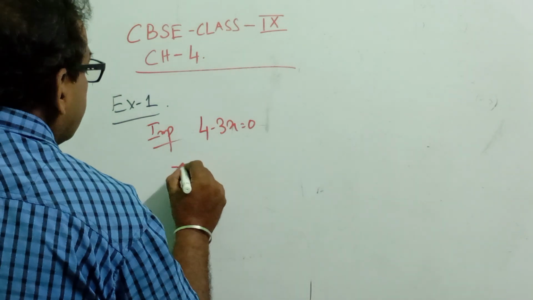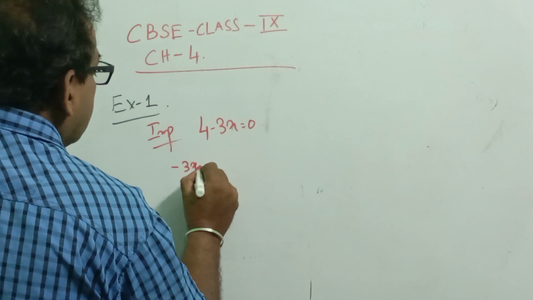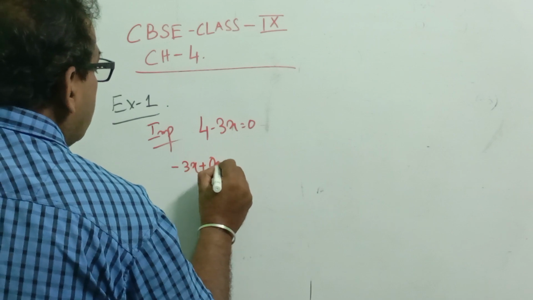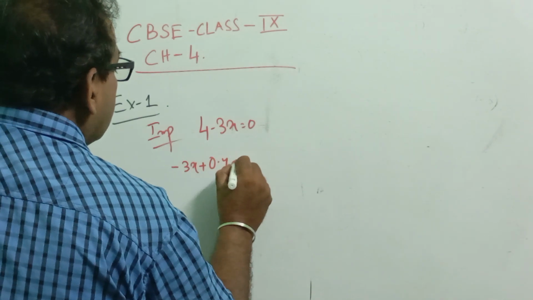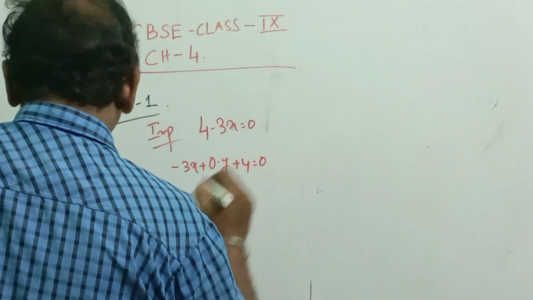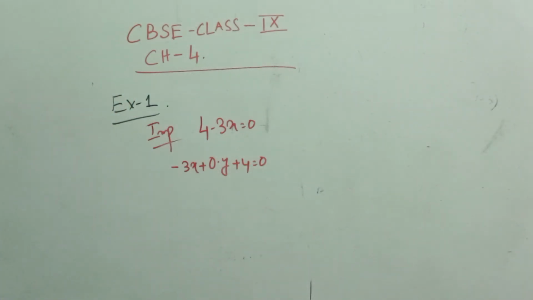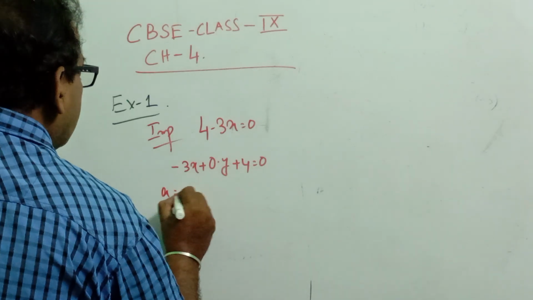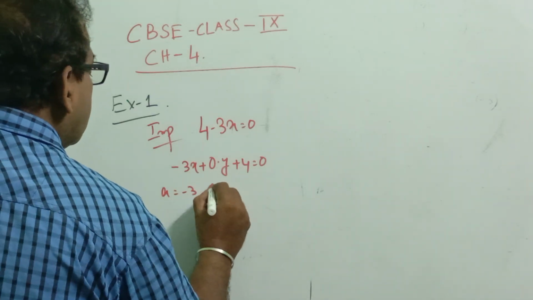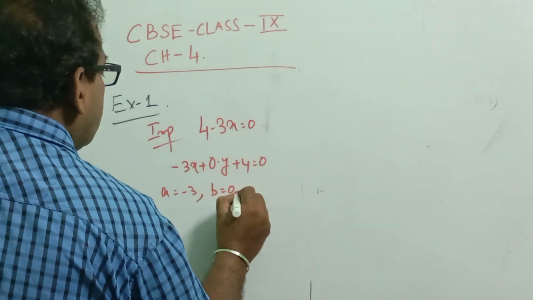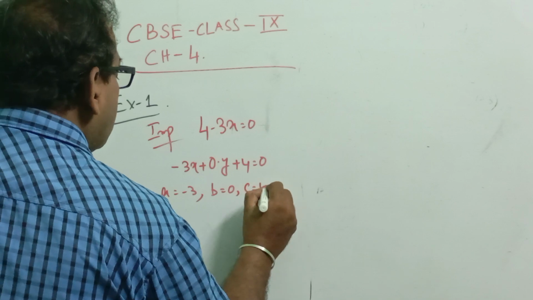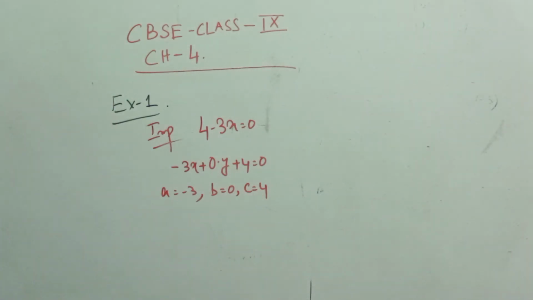That is minus 3x plus 0 into y plus 4 is equal to 0. Then a is equal to minus 3, b is equal to 0, c is equal to 4. It's very, very important math.